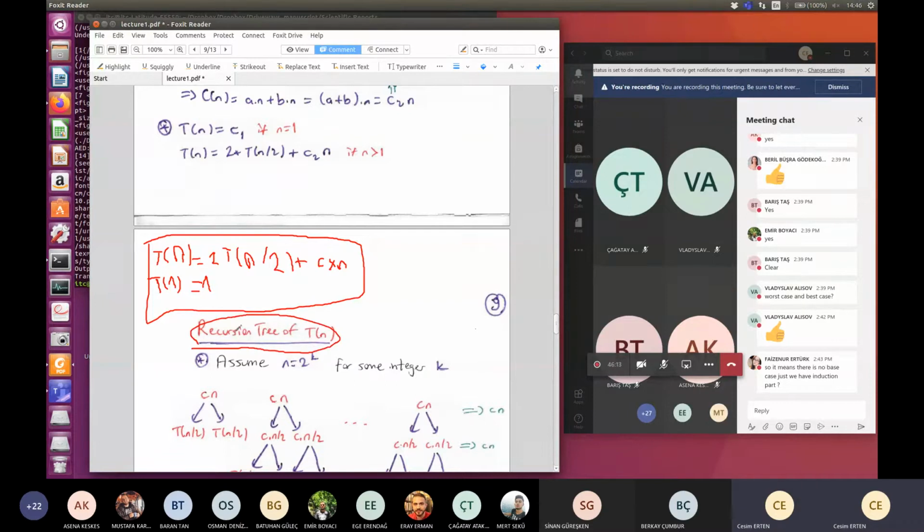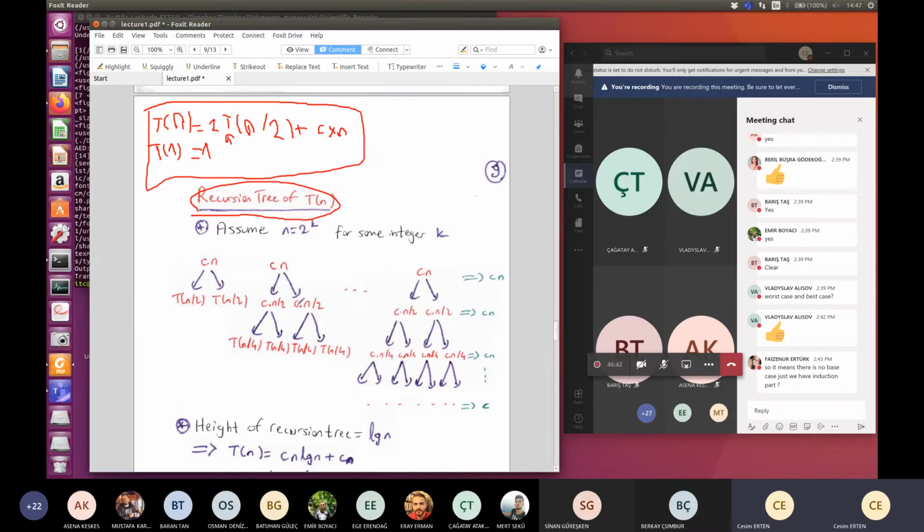In a recursion tree, we start with the inductive part of our definition, and we try to expand these T terms each time. In the end, this will give us a tree where we have terms defined without using T, and if we sum up all the terms in that tree, that will give us a guess regarding this T of n. Let's see how it works. For convenience, let's just assume that n is a power of 2.